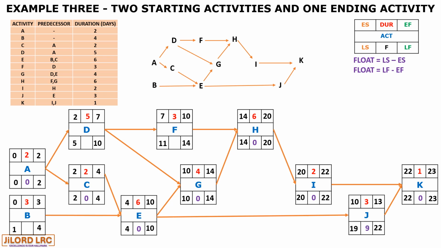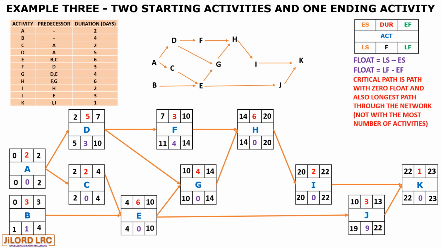Activity G is 0. Activity H is 0. Activity I is 0. And activity K is 0. We calculated the float based on the formula latest start minus early start, or latest finish minus early finish.